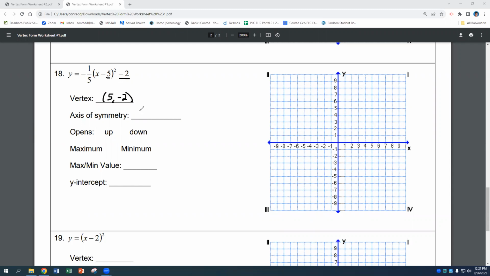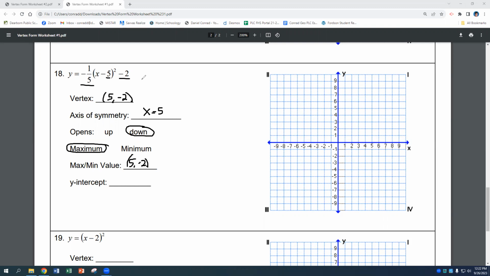Your axis of symmetry is always x equals h, so in this case, it's going to be x equals 5. A is negative 1/5, so it's going to open down because A is negative. If it's opening down, that means we have a maximum, and that maximum value is the vertex, which is 5, -2.